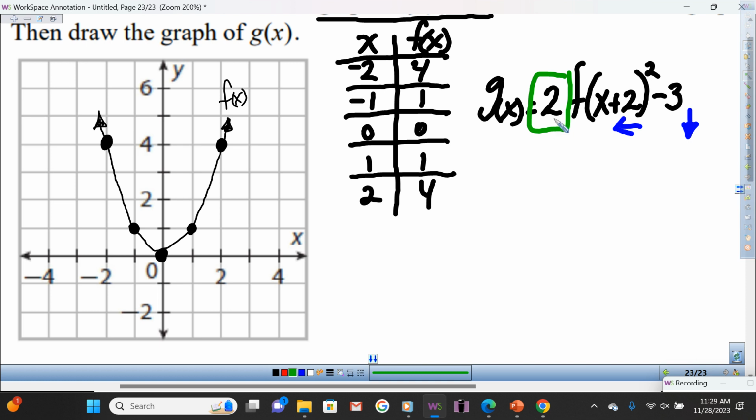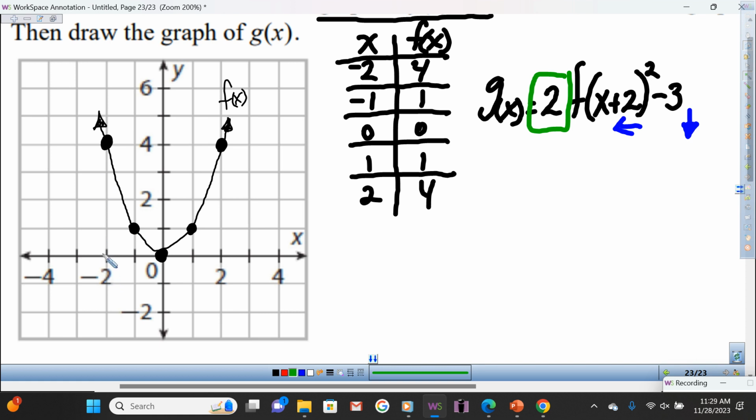What does the 2 do to these points? Or to the original graph? What does it do? Starts with the letter S. Stretches it. Yes, that is correct.